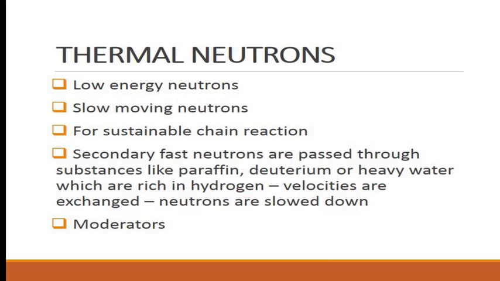So low energy neutrons or slow moving neutrons are called thermal neutrons. And these neutrons are required for a sustainable chain reaction. For the chain reaction to occur in an ordinary way, we need thermal neutrons.